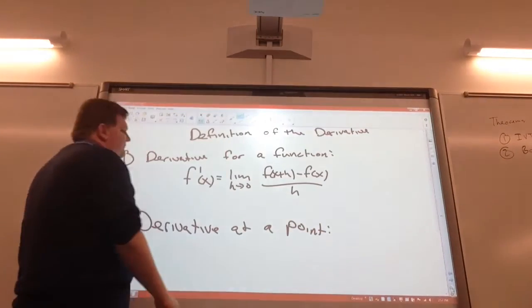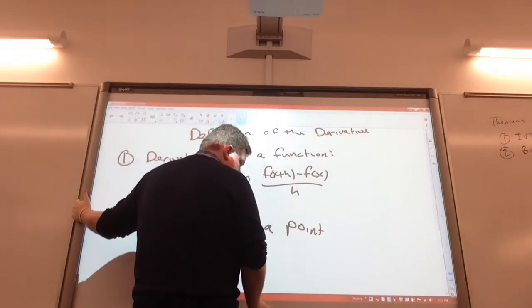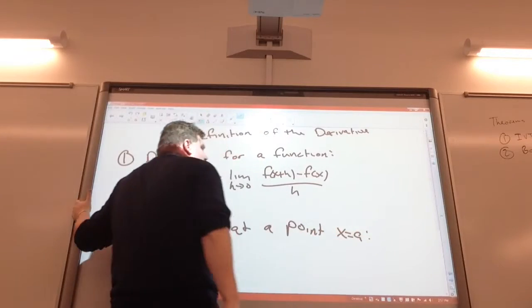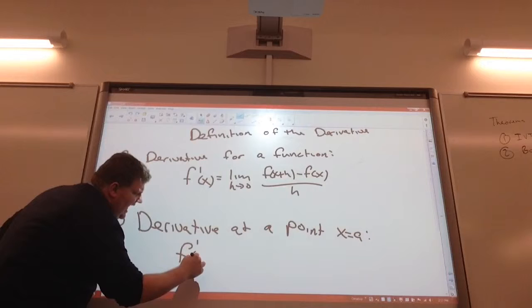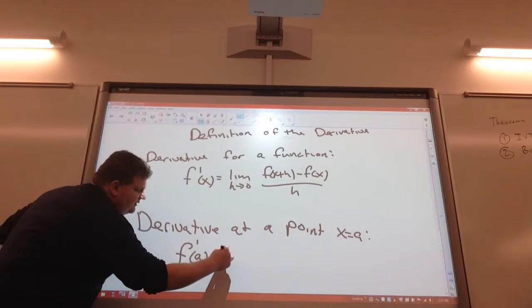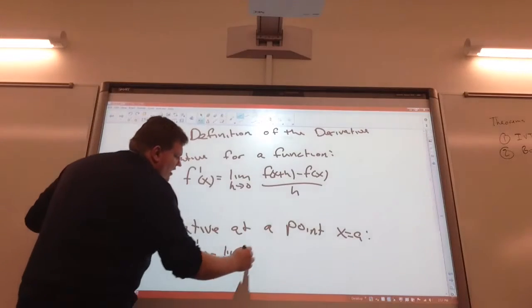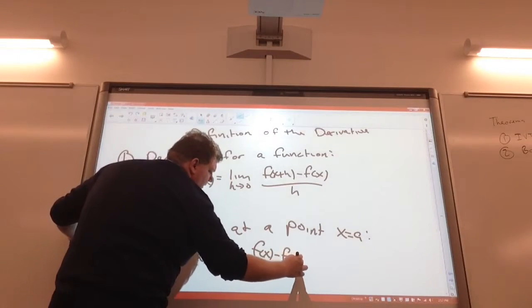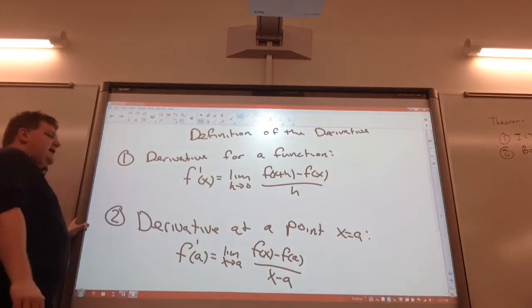That formula is at a point x equals A. How that formula reads is that f prime of A is equal to the limit as x goes to A of f of x minus f of A all over x minus A. Recognize that?